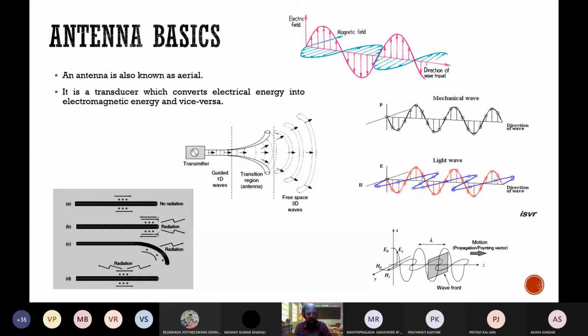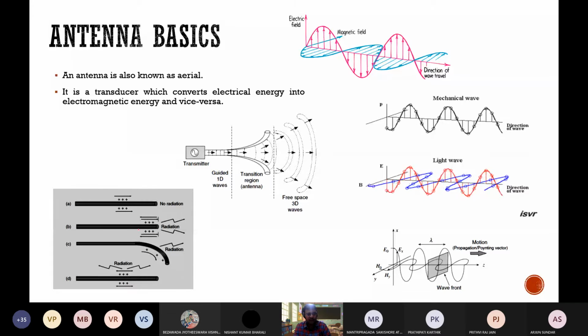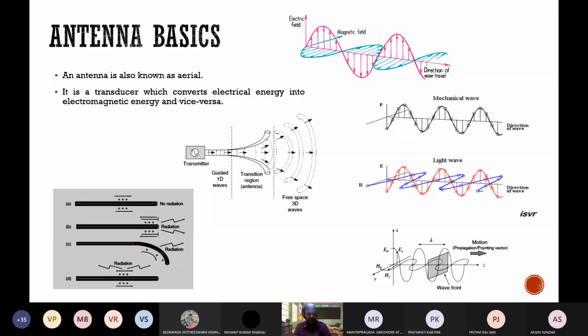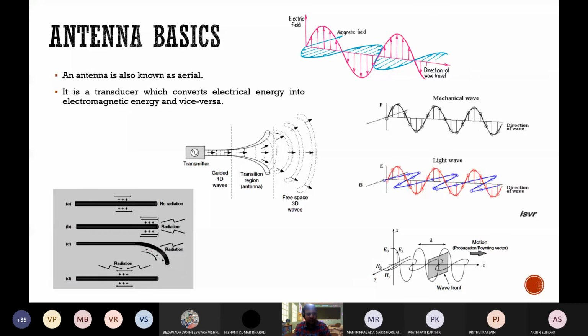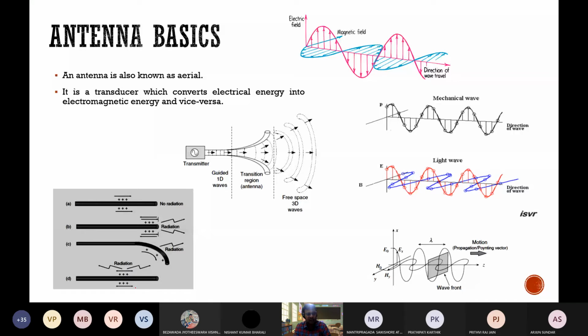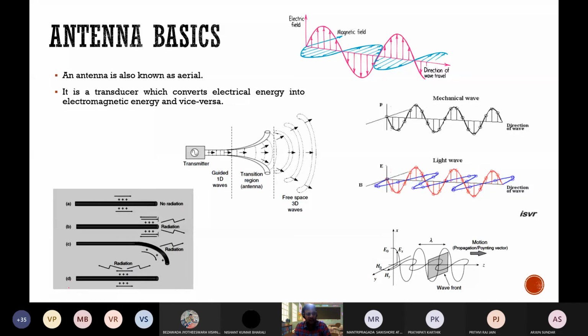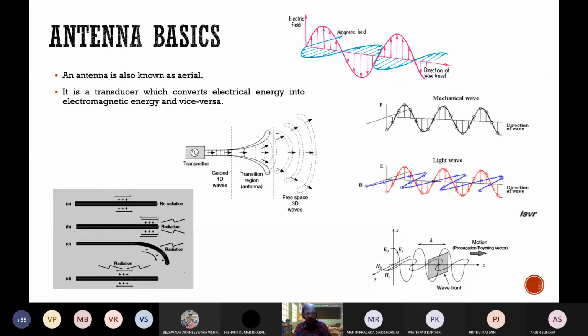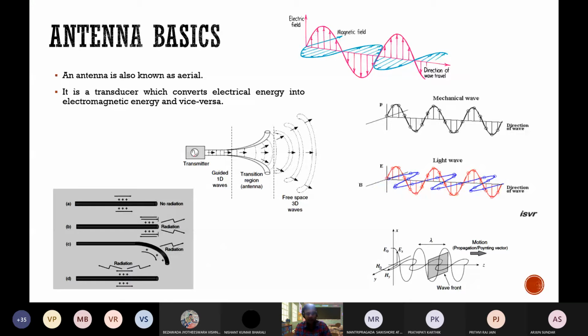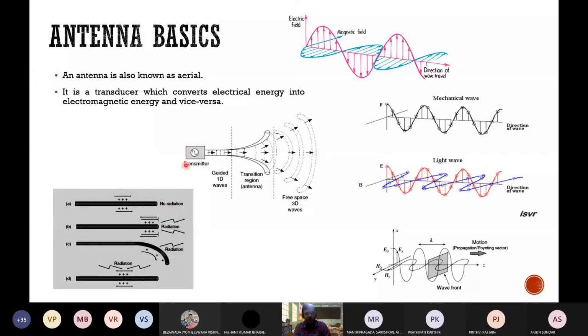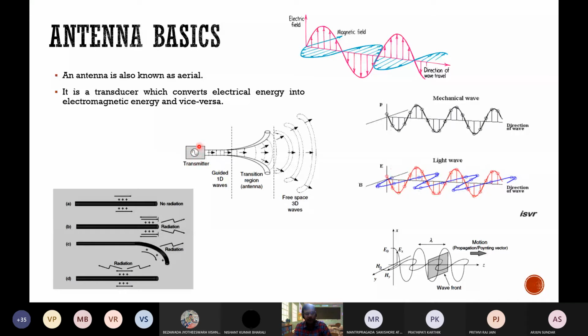Either you create some reflections, or you change the shape of that structure so that the velocity is changing, or you feed a sinusoidal signal so that these charges are moving periodically back and forth. Here it's indicated that the transmitter is giving a sinusoidal signal.